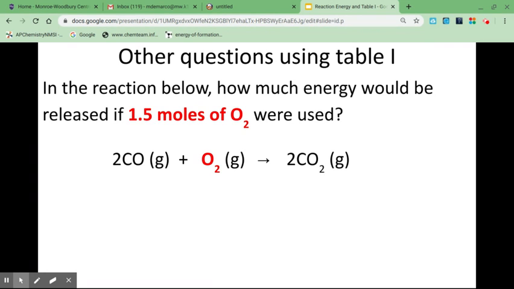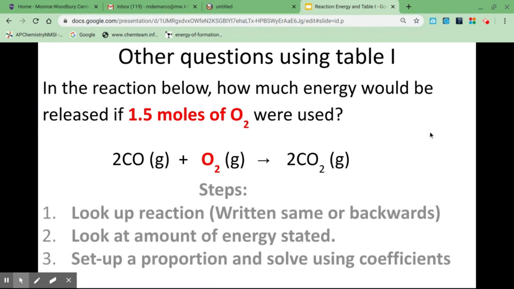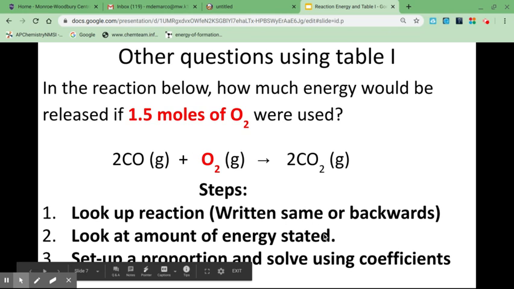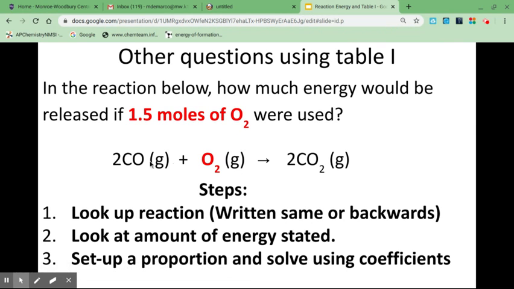So when we get a question like this, I need to do three things. First, I need to look up the reaction. I need to know, is it written the same or not? And I chose this reaction on purpose because we used it already, so it'll be easy to find again. If the reaction is written the way it is, I know how much energy it's going to release or absorb. But I need to compare the numbers that are in the reaction to the number that's asked about in the question.